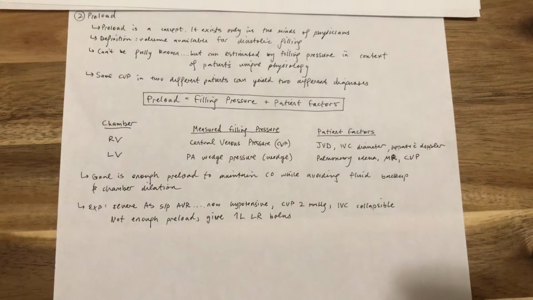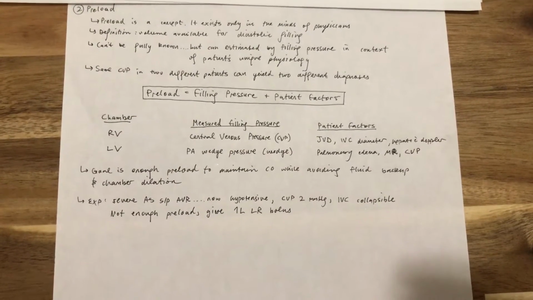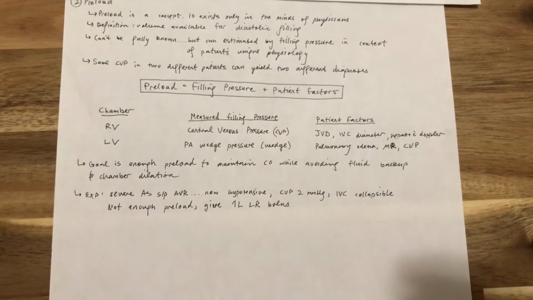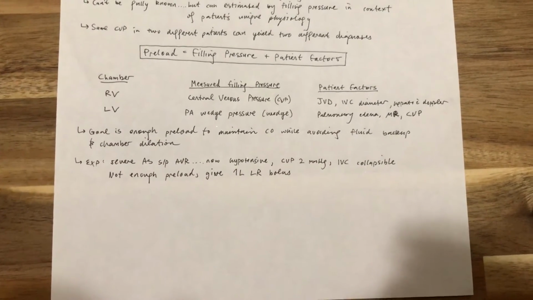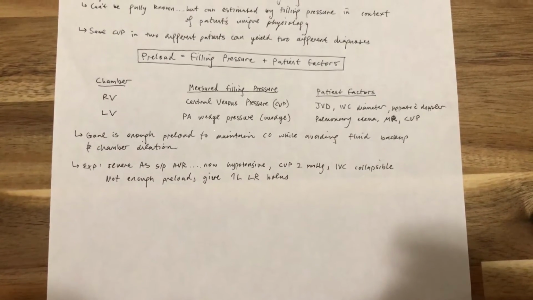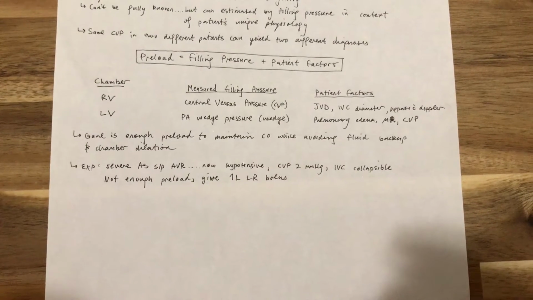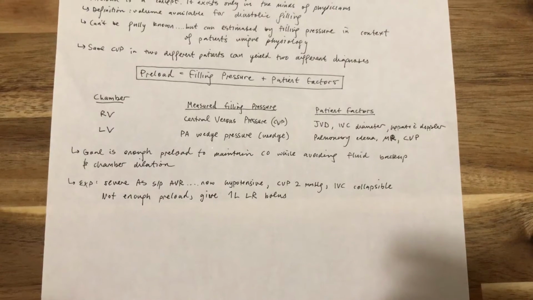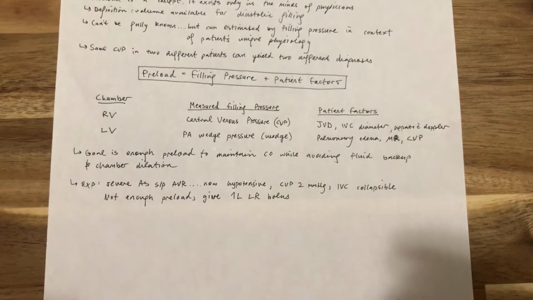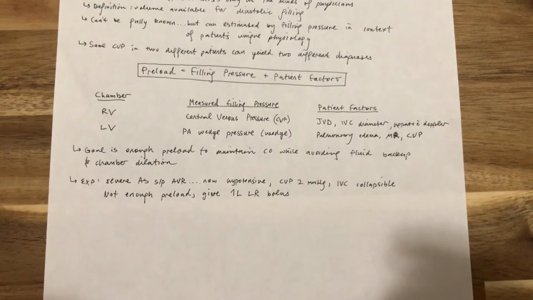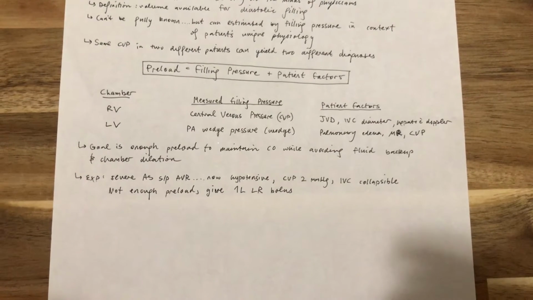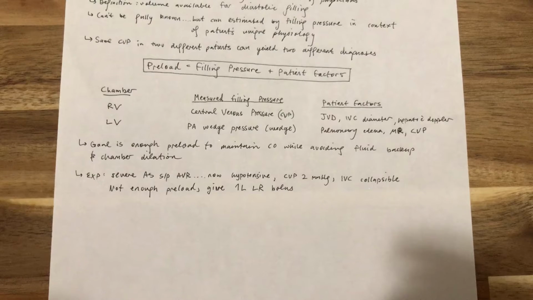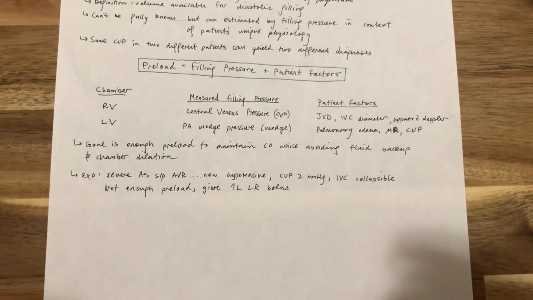So that's why I wrote this formula: preload equals filling pressure plus patient factors, and I wrote down different filling pressures and patient factors for both the right and the left ventricle. Just trying to hit home this idea that cardiology and cardiac surgical patients tend to be very complicated, and knowing one or two numbers generally does not give you a good idea of what's going on.